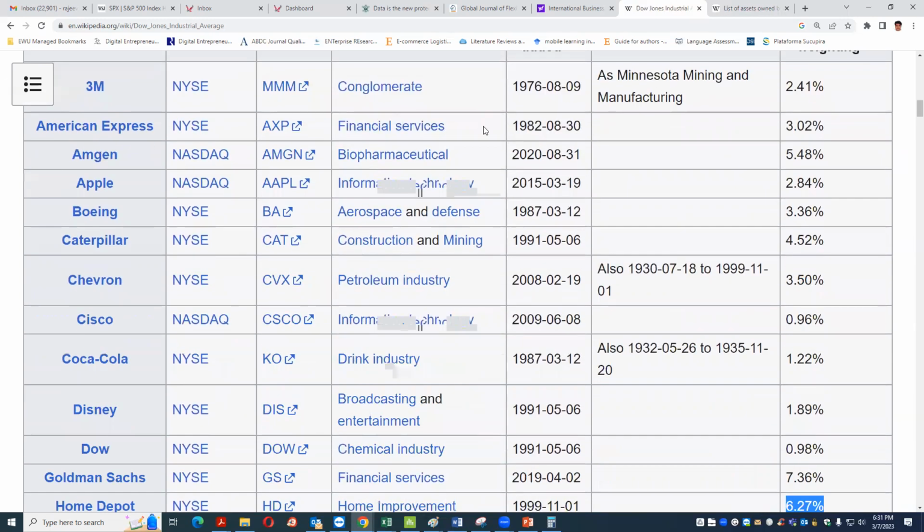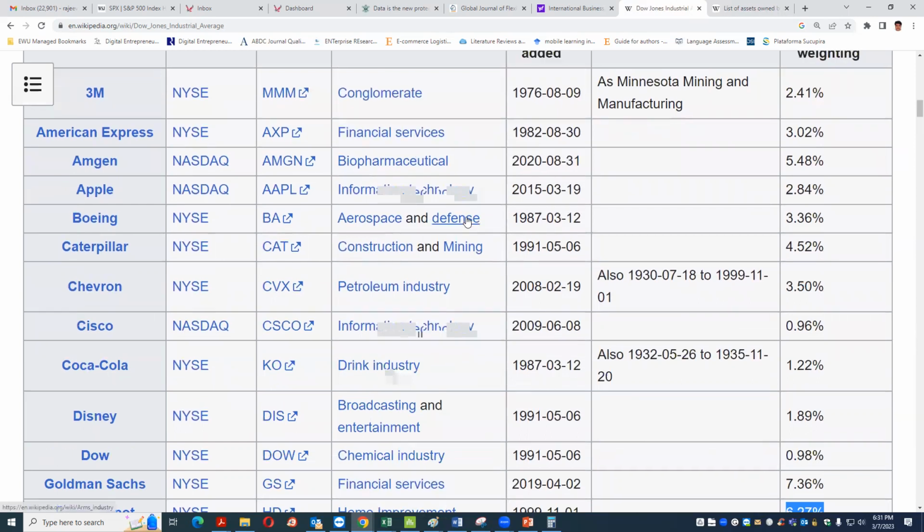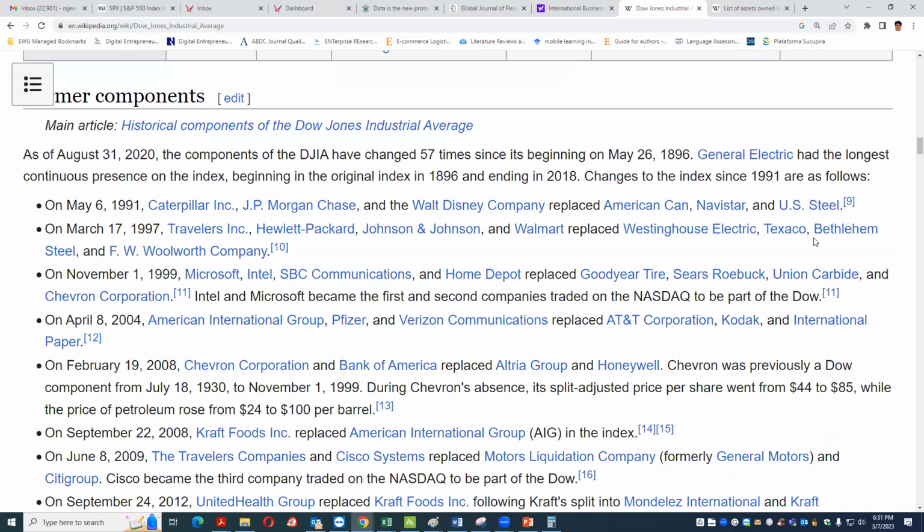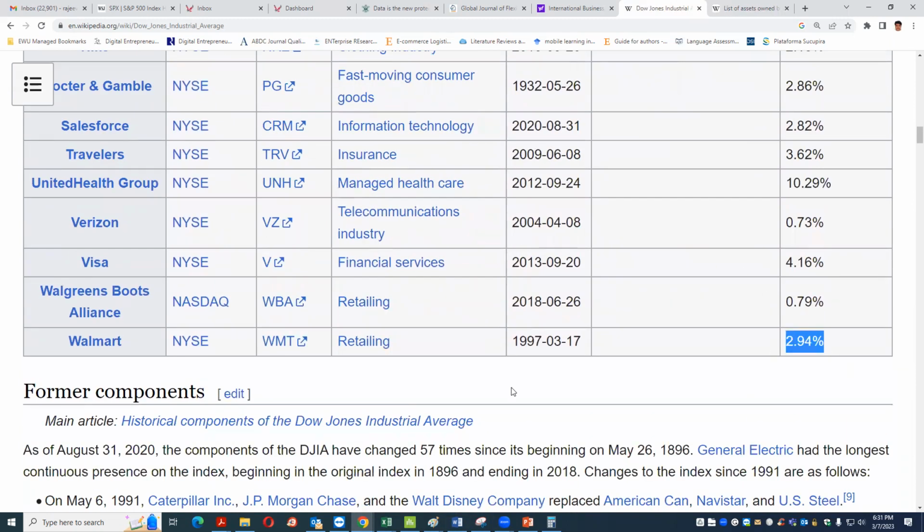So how do they do it? Look into this. So this is the formula. This is the index weight, 2.5. Total is 100%.